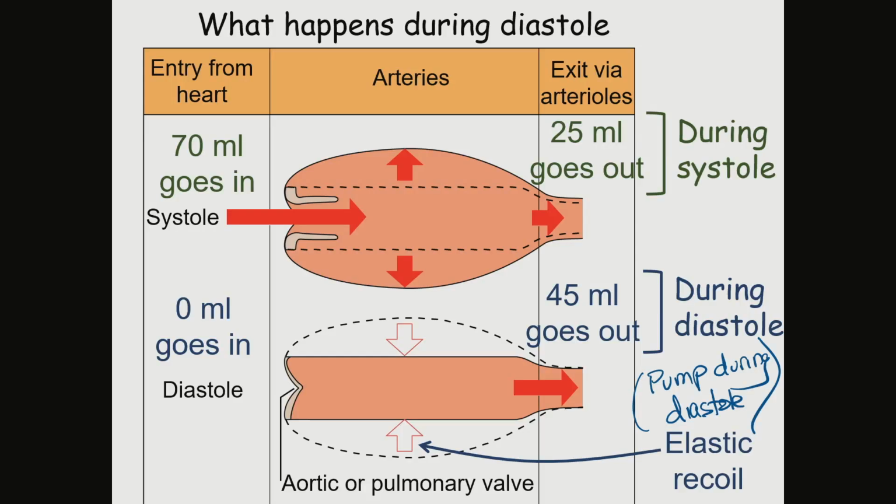That is helping squeeze the blood, so to speak. I guess it does squeeze the blood because it's recoiling, but you have to think about your physics as you're reducing the area. Now 45 mils goes out, and so that 70 mils has gone out of the aorta.